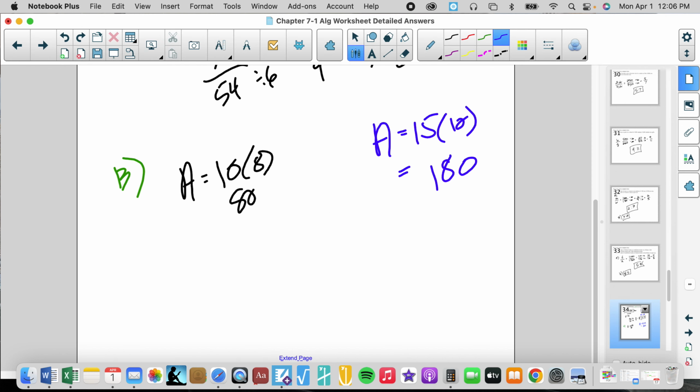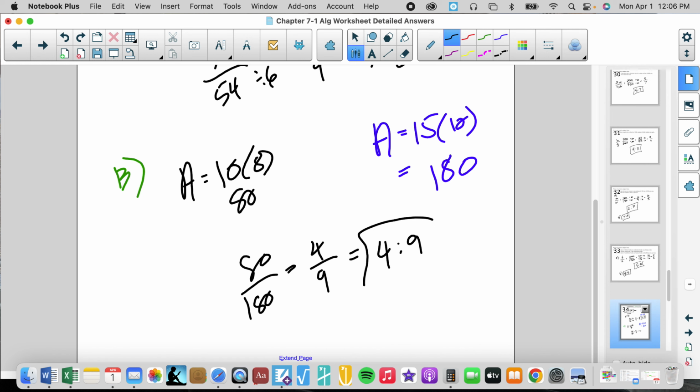And now our ratio is going to be 80 to 180, which is 4 over 9, or 4 to 9.